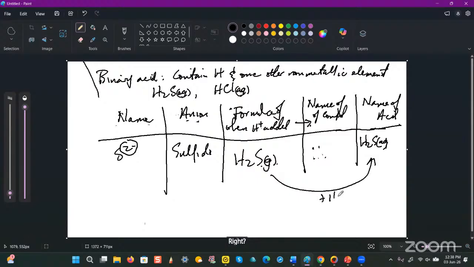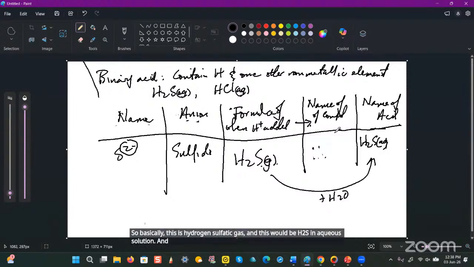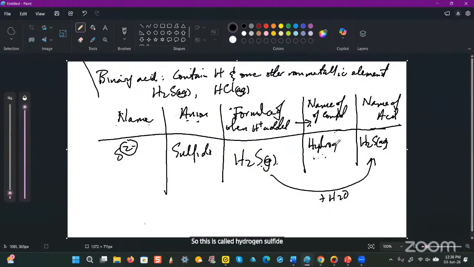Plus H2O, right? So basically, this is hydrogen sulfide gas, and this would be H2S in aqueous solution. And so this is called hydrogen sulfide. And this is H2S aqueous, and the name of this acid is hydrosulfuric acid.